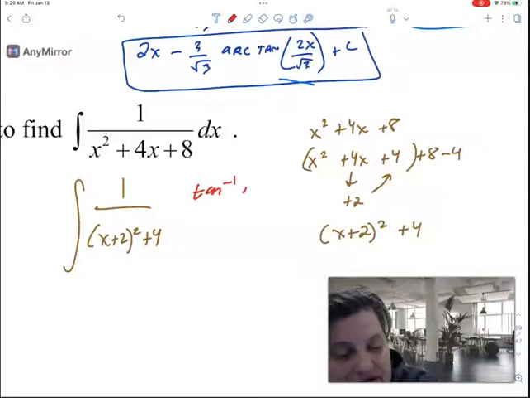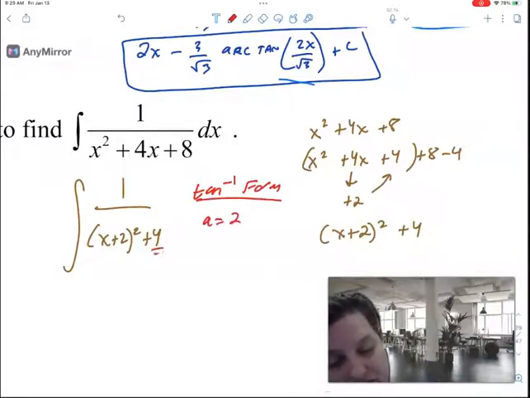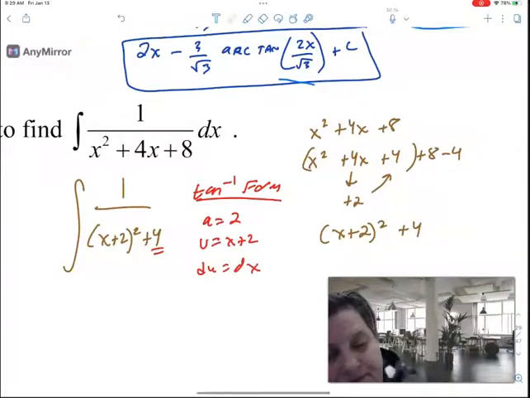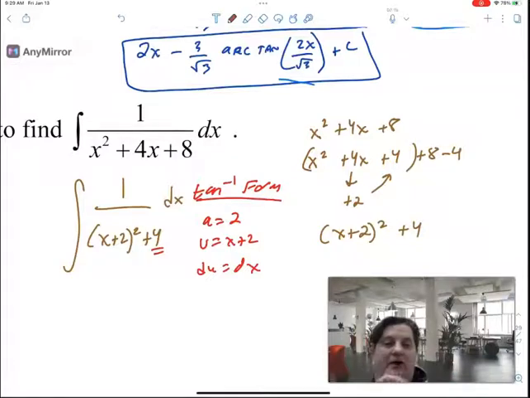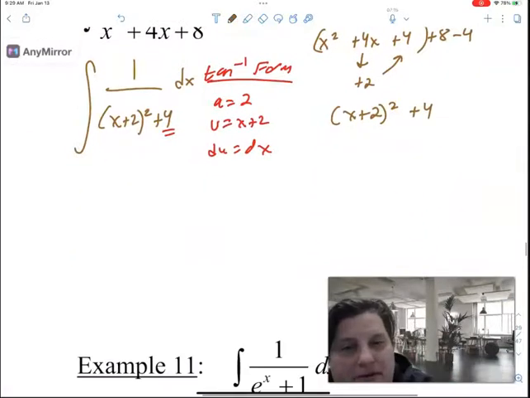This is inverse tan form, where a is 2, because 2 squared is 4. u is x plus 2. du is dx. Because it's 1 over something squared plus something squared, right? So it becomes an inverse tan form by completing the square.